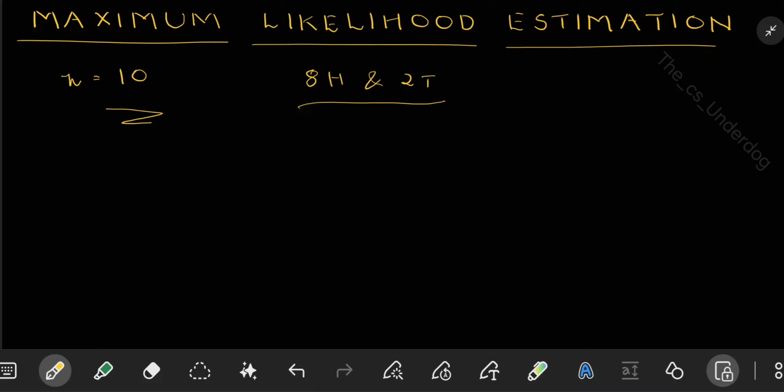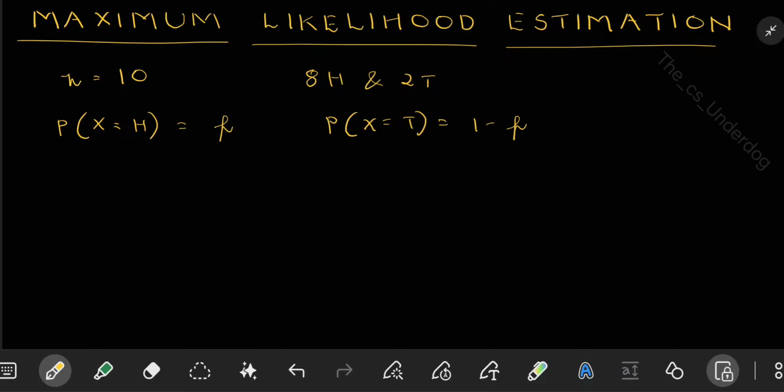So again, we'll find likelihood and do the same steps. Probability, we are considering it as Bernoulli, then probability of x is equal to head. What will be this probability? I am saying this is P. Then what is the probability of x is equal to tail? In Bernoulli, it will be 1 minus P. In this case, last lecture we already reached till likelihood.